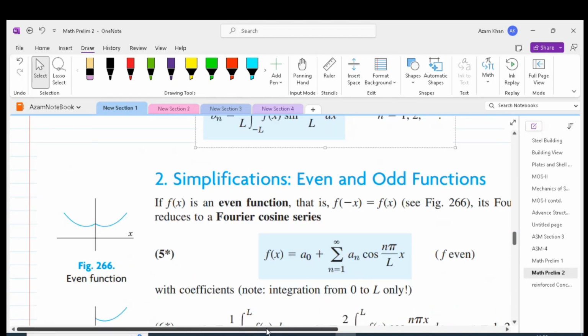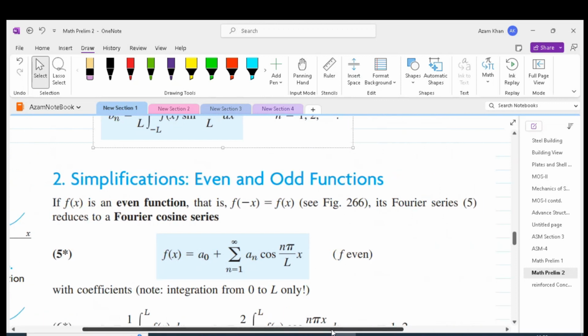So before discussing this type of simplification, we have to remind ourselves of two types of functions, one called an even function and another one called an odd function. An even function is a function in which if we put a negative value, we will get a positive value.